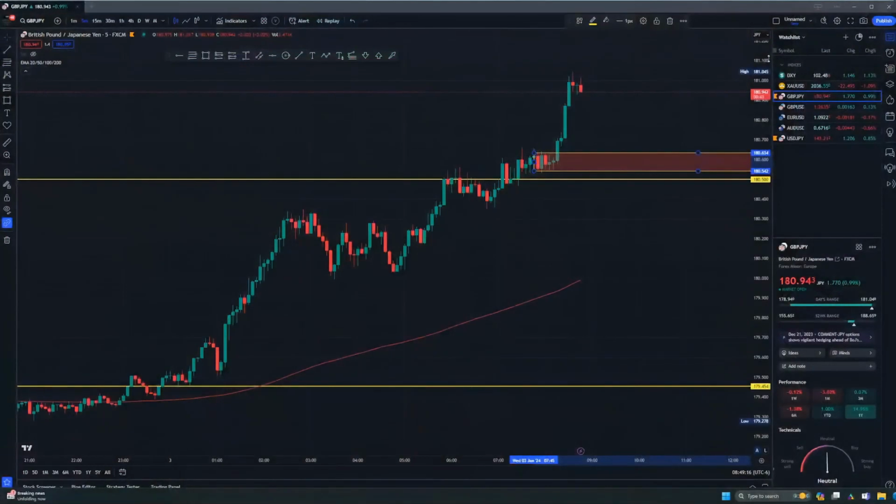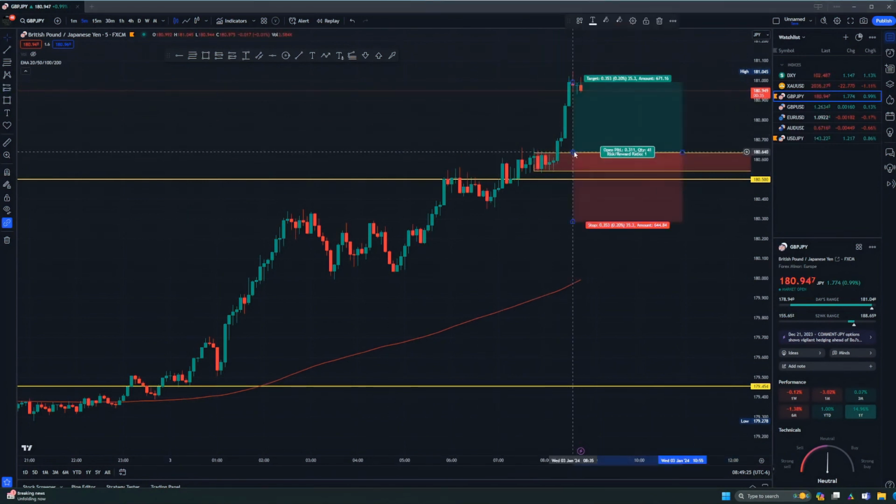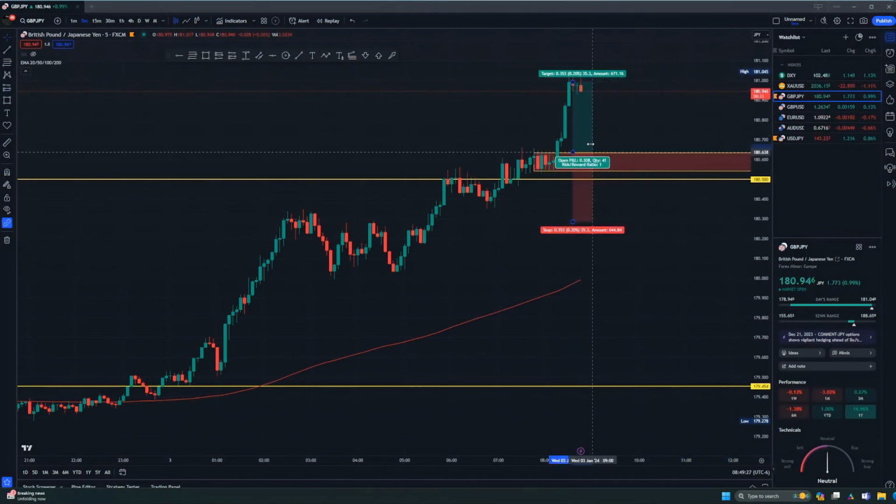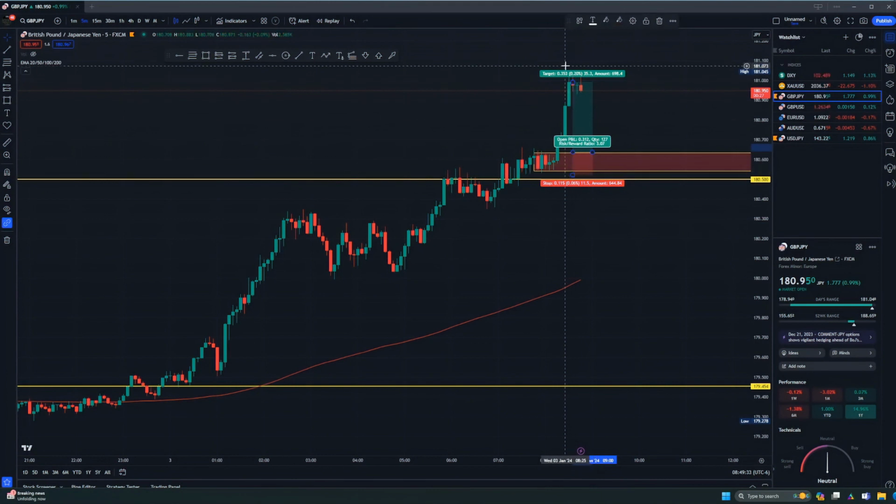So being that we have this getting ready to retrace, hit this zone, we have another trade that could potentially play out here. So you could draw it a little bit below that, get a 1 and 3 on this.